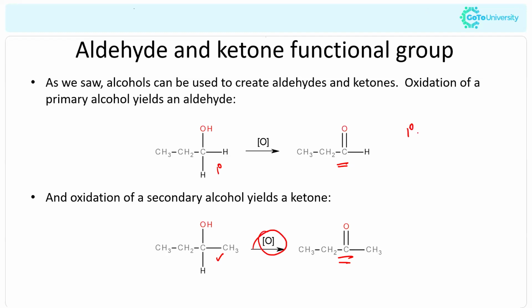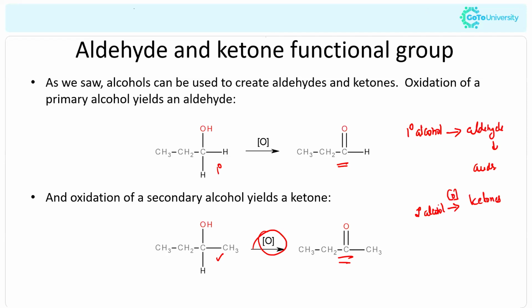So commonly we can say primary alcohols will convert into aldehyde, and these aldehydes can be further converted into carboxylic acids as well. Now the secondary alcohols will be converting into ketones by oxidation reaction.